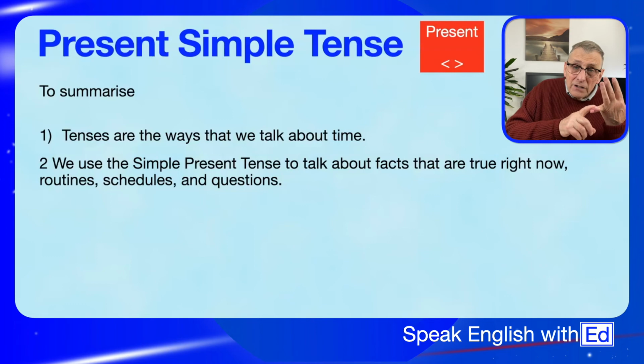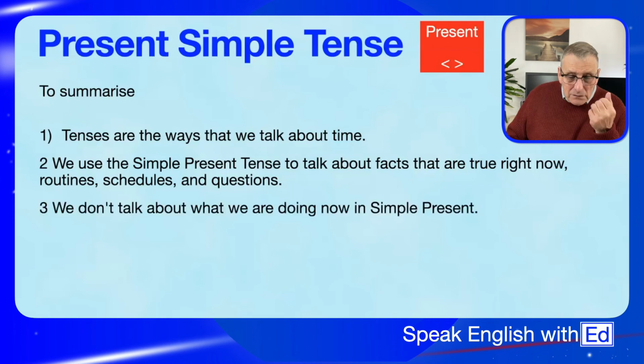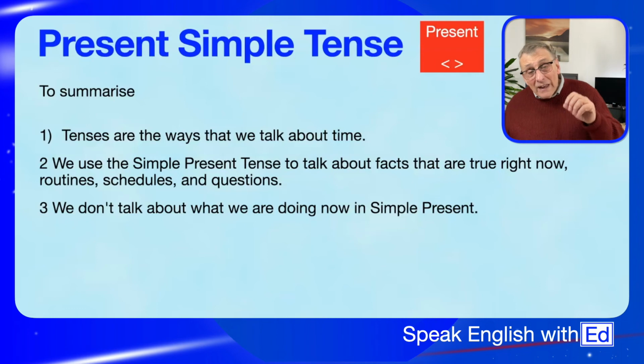We use it to talk about routines. We use it to talk about schedules, when the bus is coming, when the plane's going, when the lessons start, all this. And we use it to ask questions. We don't use it to talk about what we're doing right now, this minute.